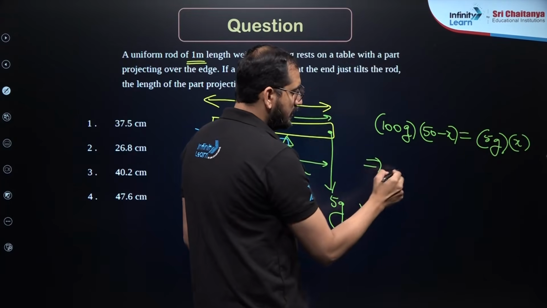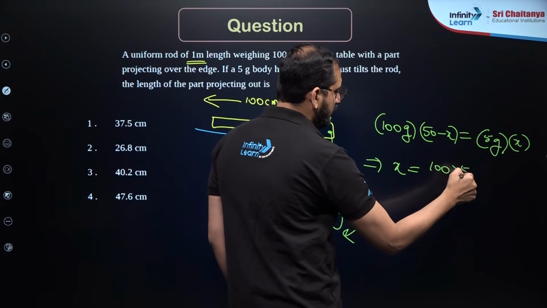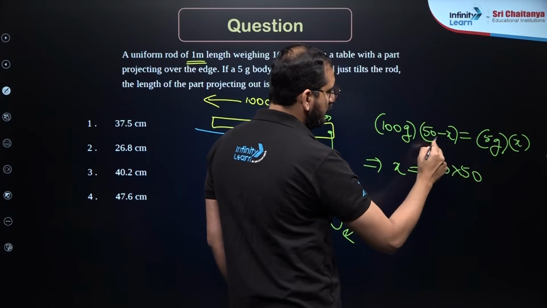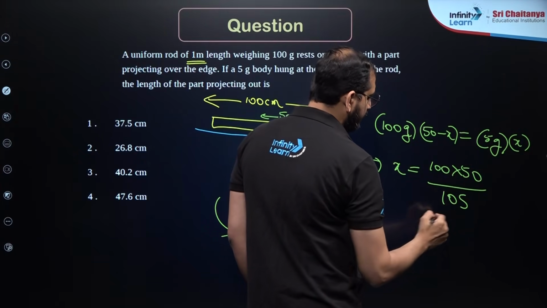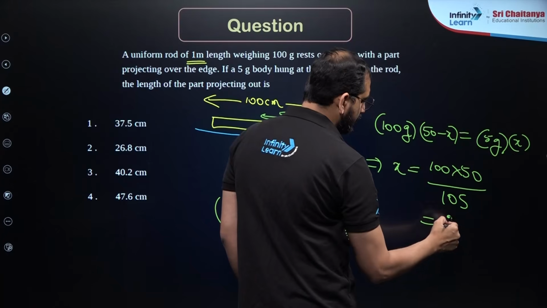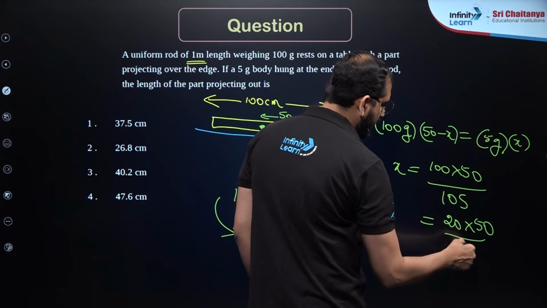So x is coming out 100 into 100 into 50 and then divided by 105, which is 20 multiplied by 50 divided by 21.